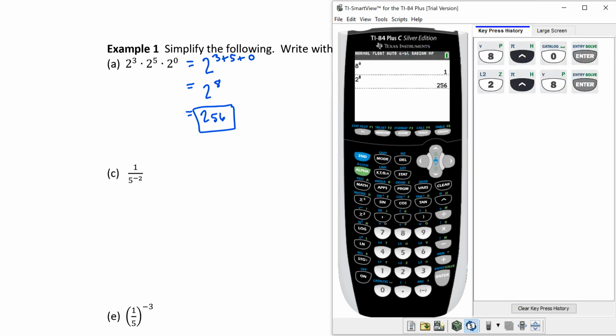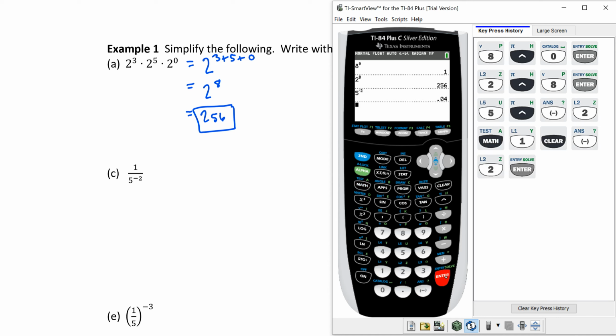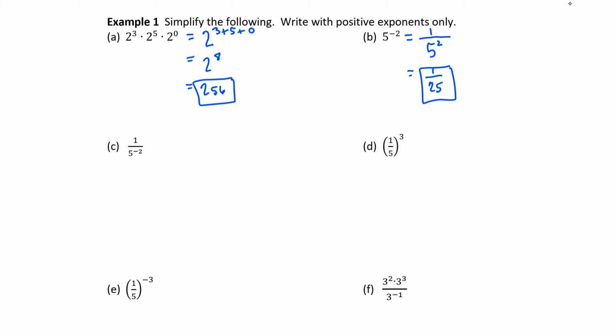Now remember, when there's numbers like this, you can check every single one of those with your calculator. So I'm going to evaluate 5 to the negative 2, and I get 0.04, and then I'm going to convert it back into a fraction to get 1 over 25. So I can verify anything that has arithmetic with my calculator.